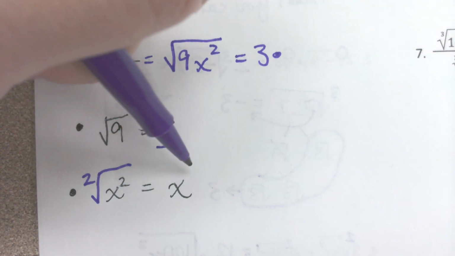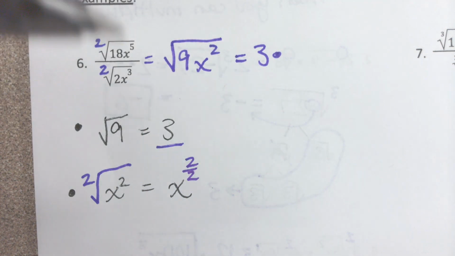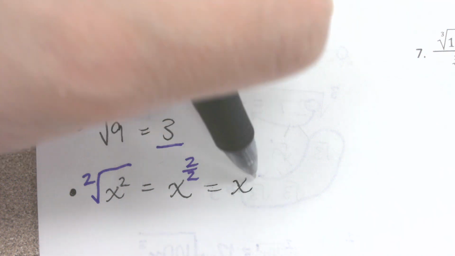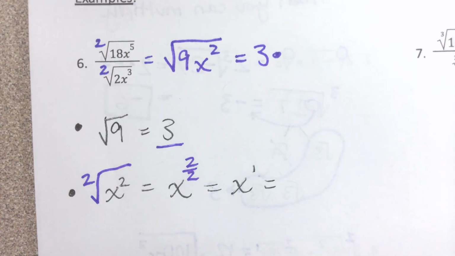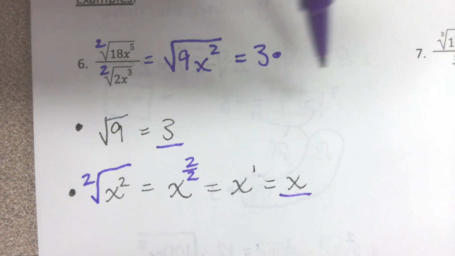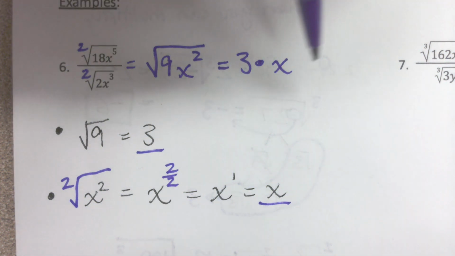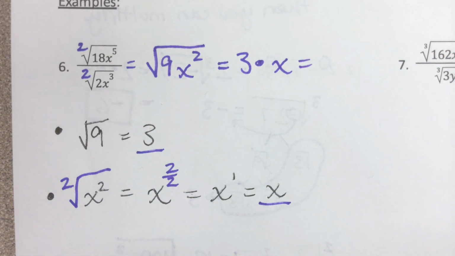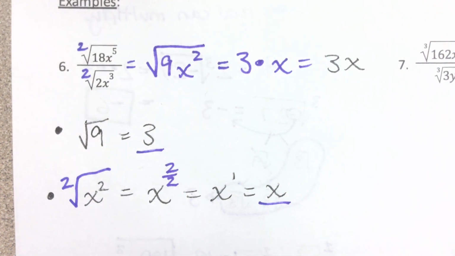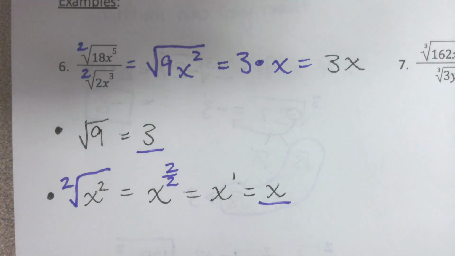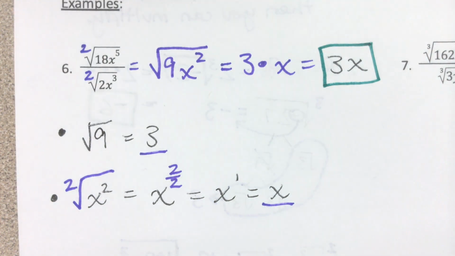X to the 2 over 2, which of course will just be x to the first. And let's make it a little better and just write x. Final answer, we'll drop that multiplication sign and just write a nice 3x. There you have it. Questions on number 6.